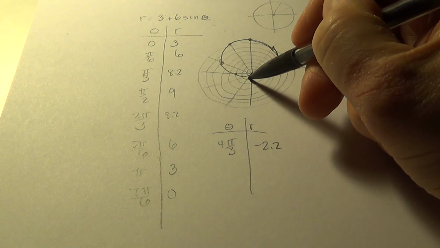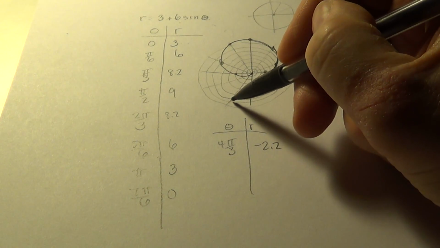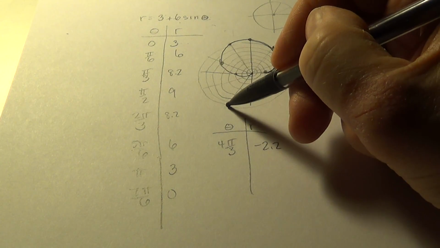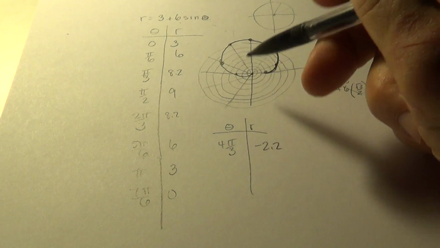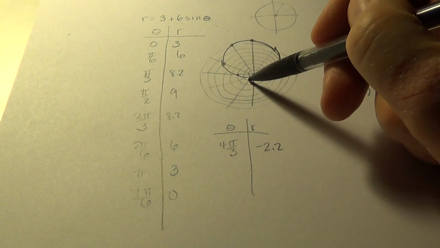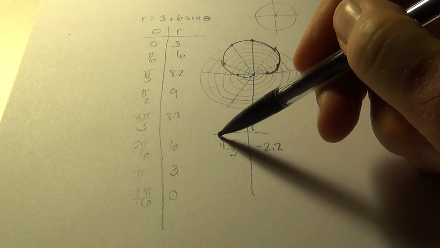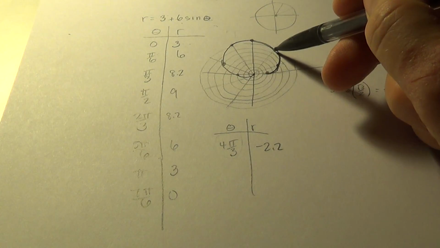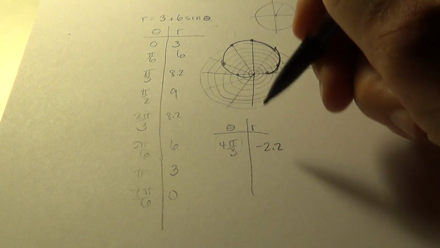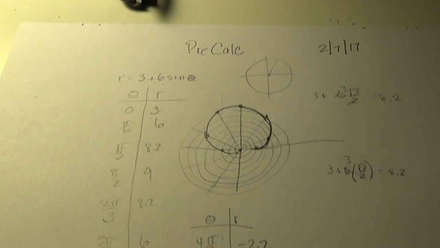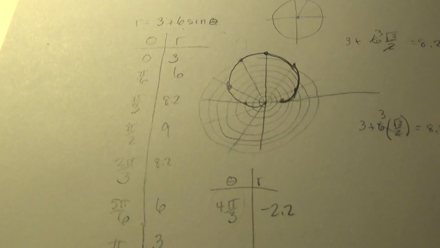If this is 1, 2, 3, 4, 5, 6, 1, 2, 3, 4, 5, 6, 7, 8, where would negative 2 be? It turns out to graph a negative value, you take the angle that you are examining and you go backwards through the origin at the same angle, that value. So let me show you how to do negative 2.2.